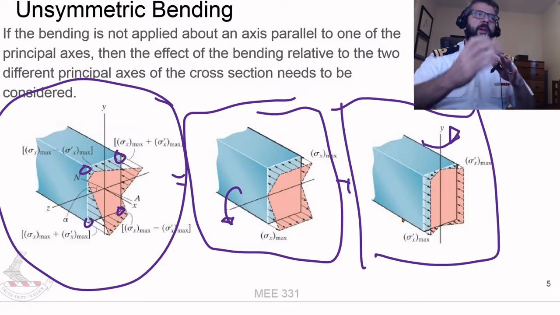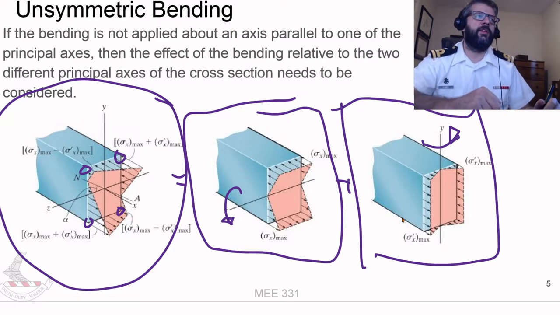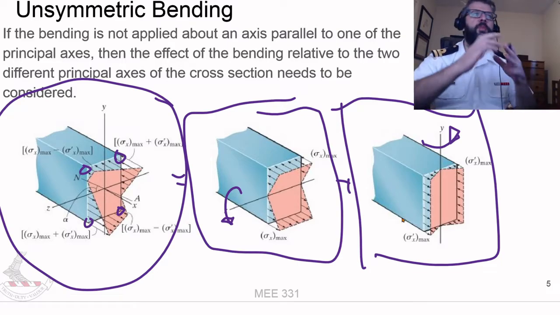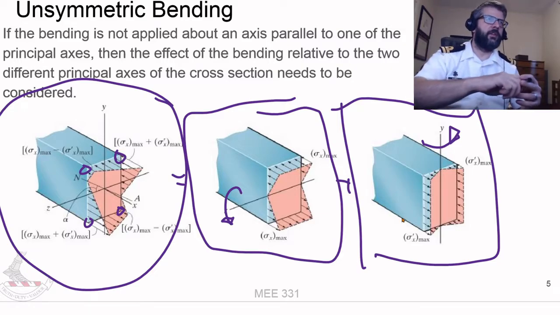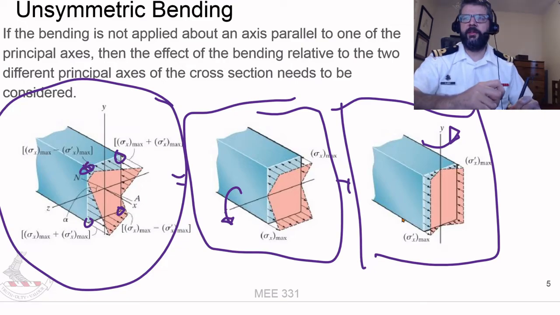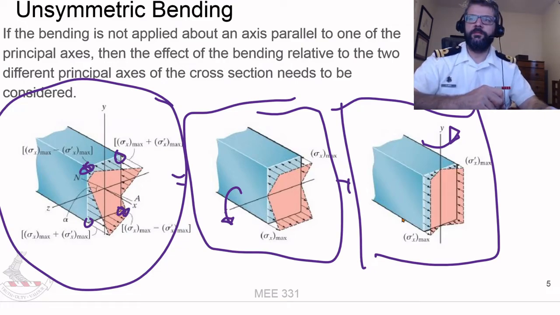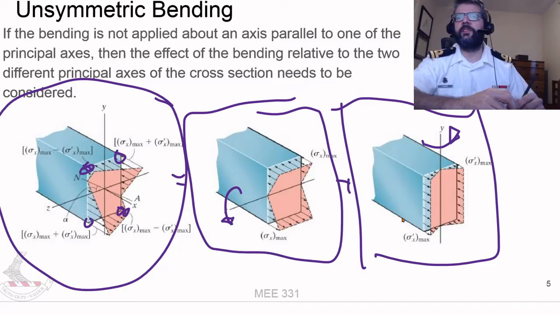This determines at which corner the stresses combine constructively to get a maximum, combine destructively to get a minimum, or slightly cancel out in order to get something in the middle at these corners.